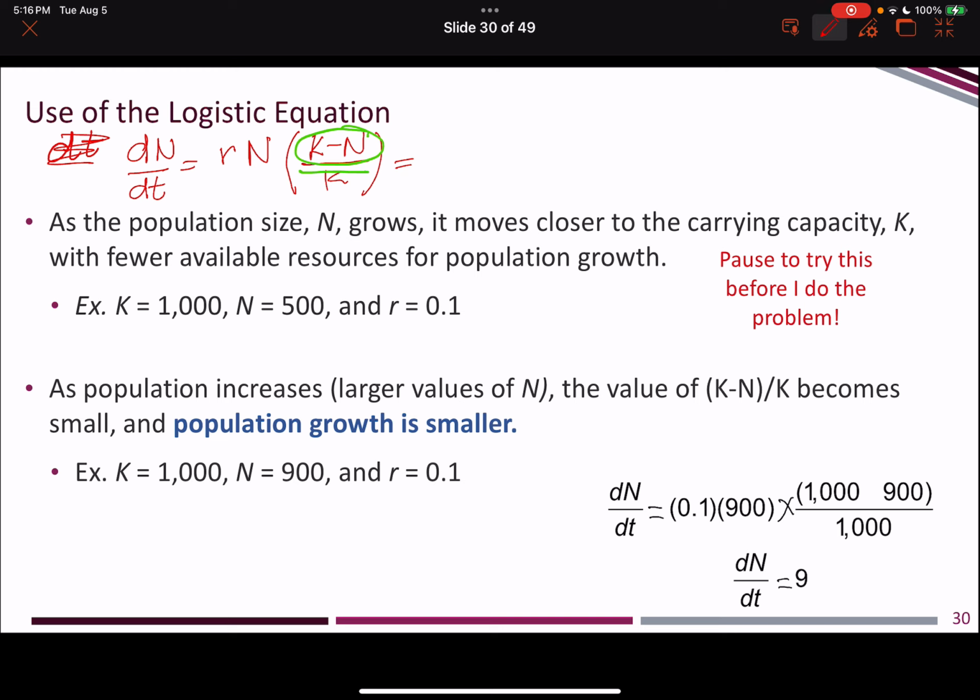So if we are calculating our rate of change over time, we are going to plug in 0.1 times our population size times our carrying capacity factor divided by 500. So I'm going to go ahead and let you figure that factor out and figure out a population size.